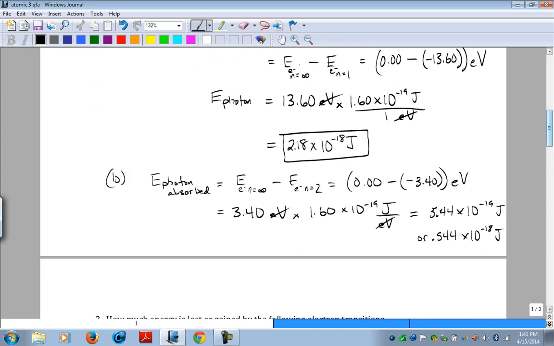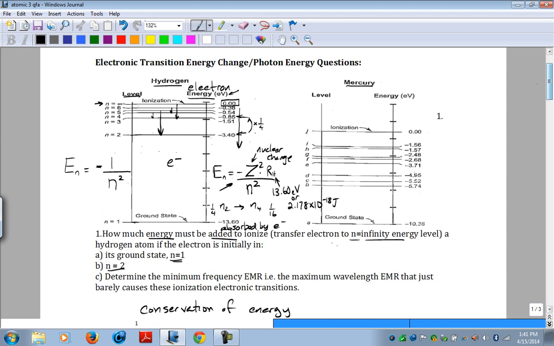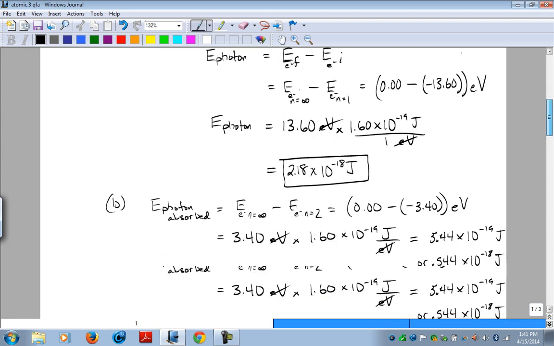So you could see for part B that right from the diagram, less energy is going to be required to knock an electron out of the atom compared to an electron in some other hydrogen atom that absorbs that photon to get knocked out.